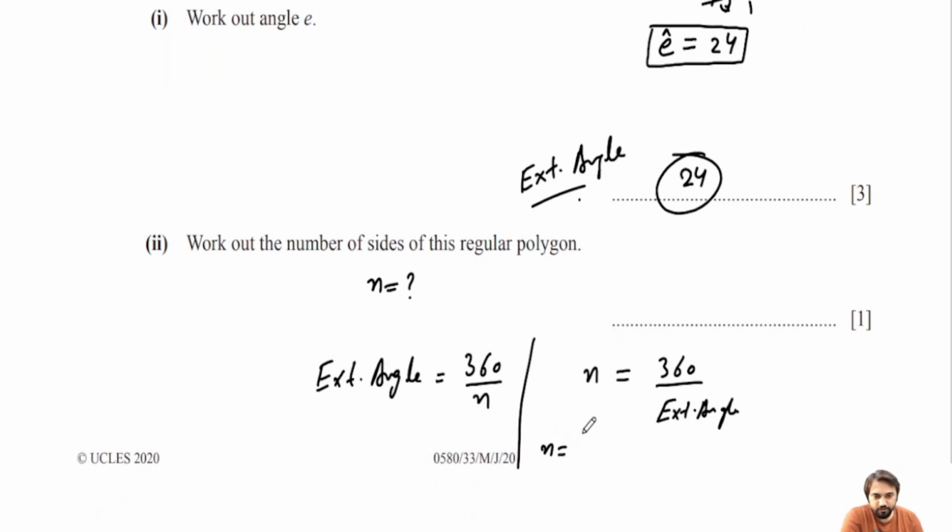We have n is equal to 360 and the exterior angle is 24. So 24 times 15, n is equal to 15. So that regular polygon has 15 sides. That is the answer.